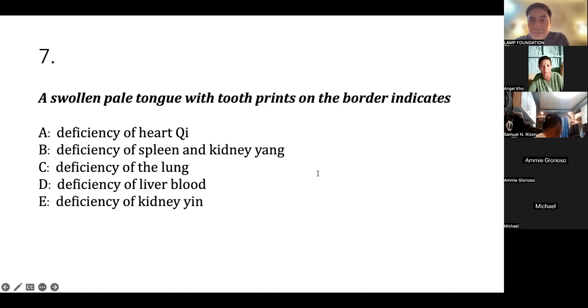Remember? Mahina ang spleen. So, affected yung kanyang transformation and transport. So, tendency mag-retain ng fluid. Okay? So, lumalaki. So, nagkakaroon ng tooth prints. At the same time, nagsiswell din. Okay? Bakit din siya pale?